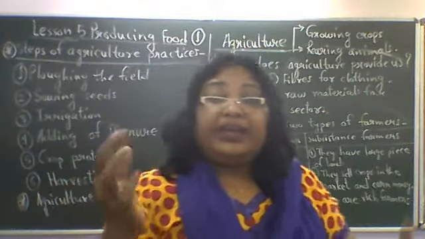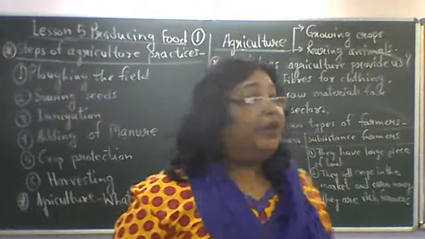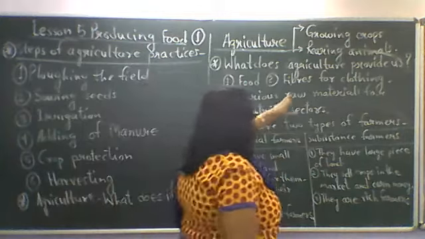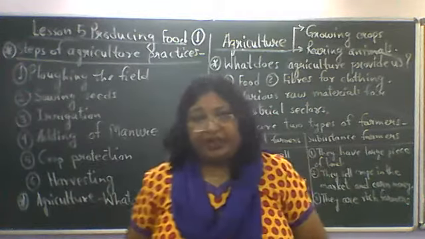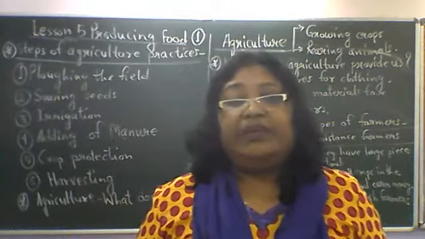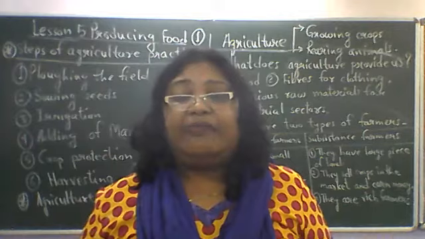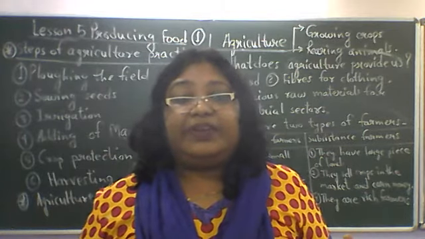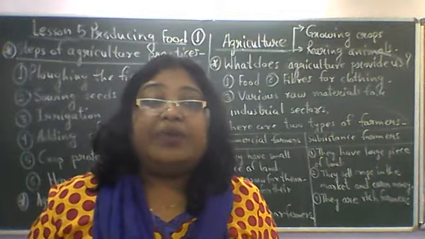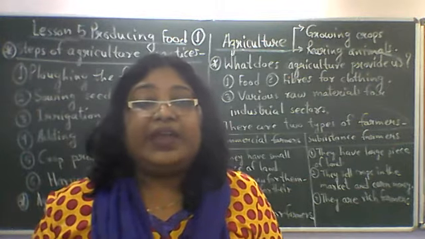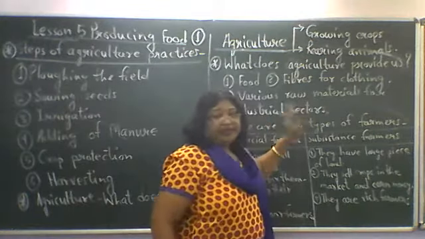So agriculture provides us food, and second, fibers for clothing. Whatever clothes we are wearing, different fibers are produced or grown by farmers. Did you understand? And the third thing is various raw materials for the industrial sector.